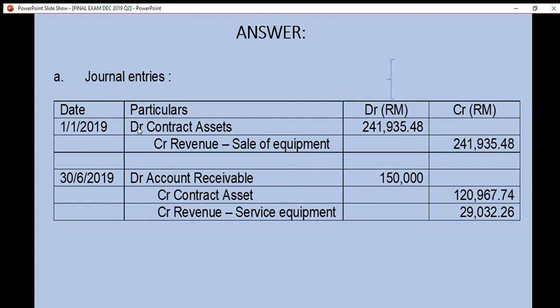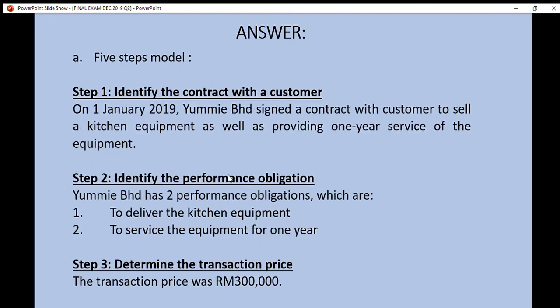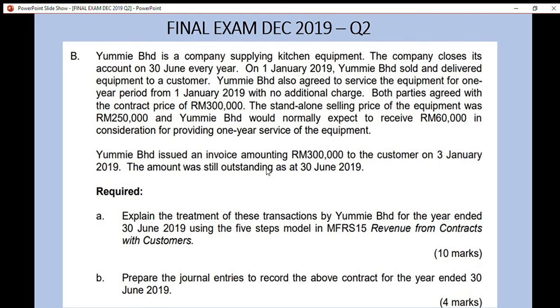Why do we need to debit contract asset? Because the payment has not yet been received by the seller on 1st January 2019. In fact, it is mentioned in this question that Yami Berhad issued an invoice amounting to 300,000 to the customer on 3rd January 2019, and the amount was still outstanding at 30th June 2019.